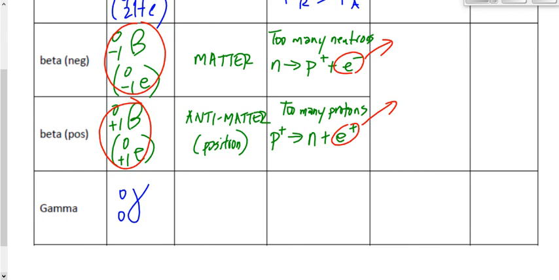How many neutrons? 0. How many electrons? 0. How many positrons? 0. What is this? Matter or energy? Energy. Specifically, we would say that it is electromagnetic radiation.